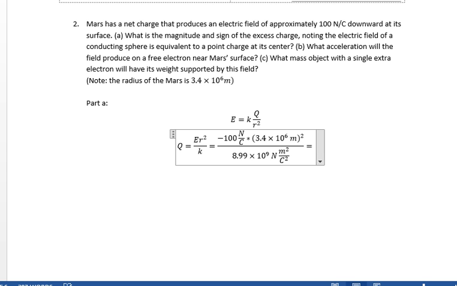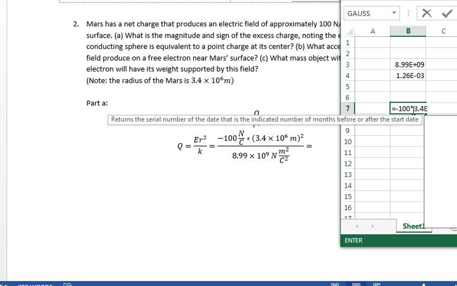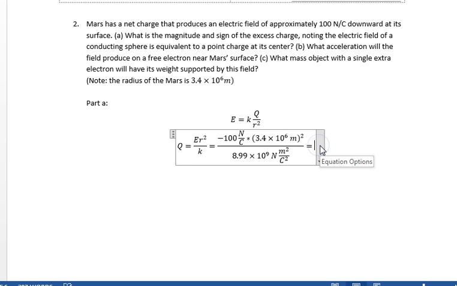All right. So what does this all end up being? We have minus 100 times 3.4 e to the 6th squared divided by k, and so we get a charge of minus 1.29 times 10 to the 5th coulombs.